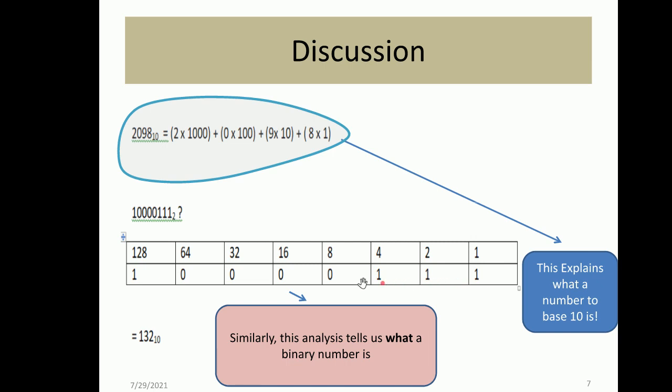And if you add all those, if you add 128 with 4 plus 2 plus 1, you get 135.